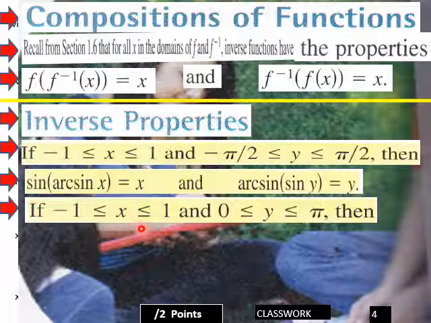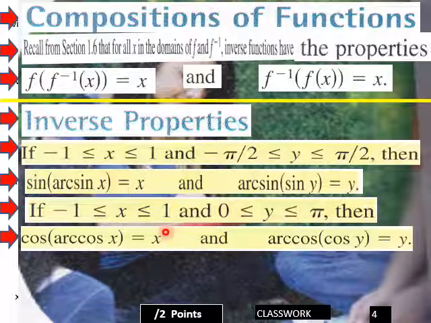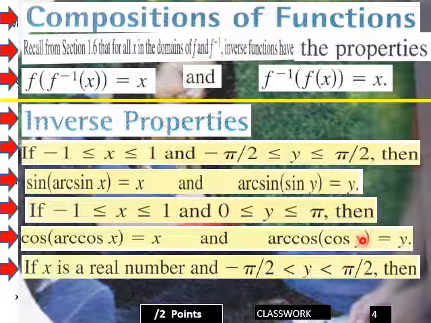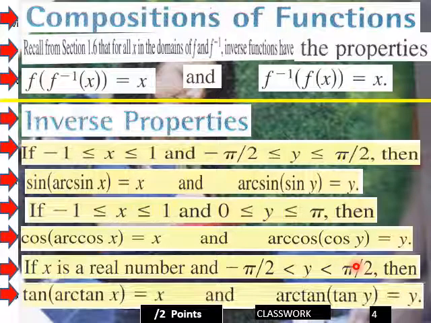If negative 1 is less than or equal to x, which is less than or equal to 1, and 0 is less than or equal to y, less than or equal to pi, then cosine of arc cosine x would equal x, and arc cosine of cosine y would equal y. If x is a real number and negative pi over 2 is less than y and y is less than pi over 2, then tan of arc tan x would equal x, and arc tan of tan y would equal y. So these are inverses of each other.